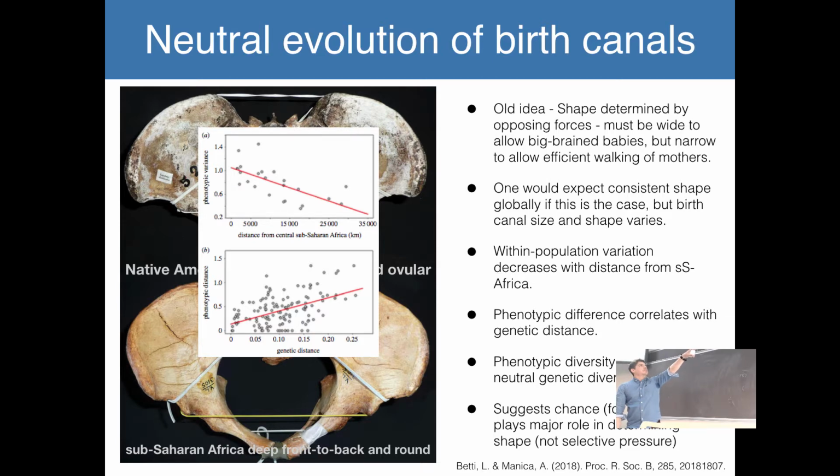And on the bottom graph it's genetic distance, so how distantly related points are from each other, and phenotypic distance. As points get more genetically distant from each other, they're also more phenotypically different. So the shape is changing as well as genetic distance.